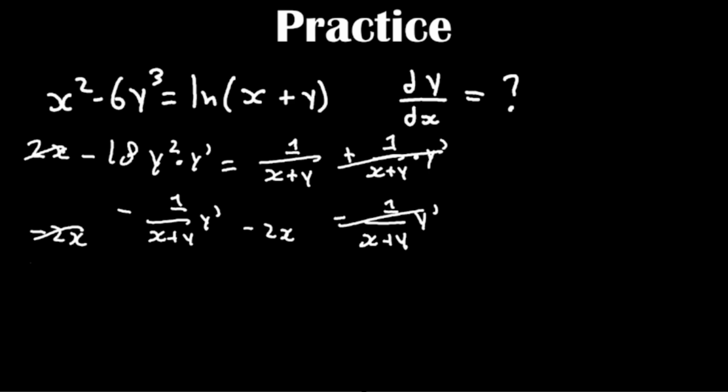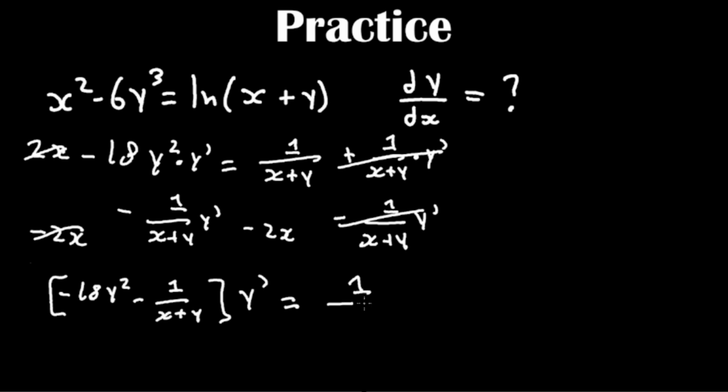Notice both this negative 18y squared times y prime and this minus 1 over x plus y times y prime have a y prime in them, so we can factor that out. The rest is just negative 18y squared minus 1 over x plus y, times y prime. On the right side, we have 1 over x plus y minus 2x.